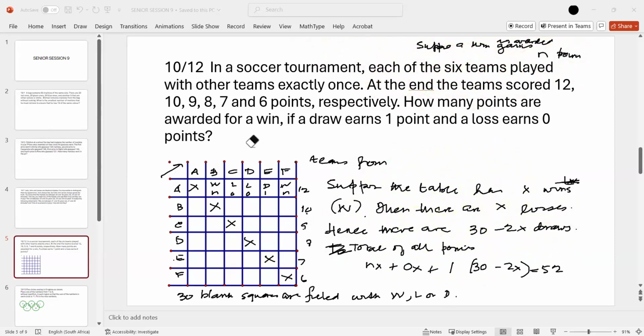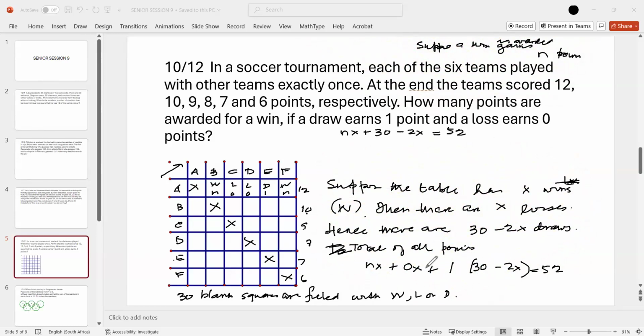Okay, I need space now. So we've got an equation here, an interesting equation. The equation reads the following. Nx plus 30 minus 2x equals 52.